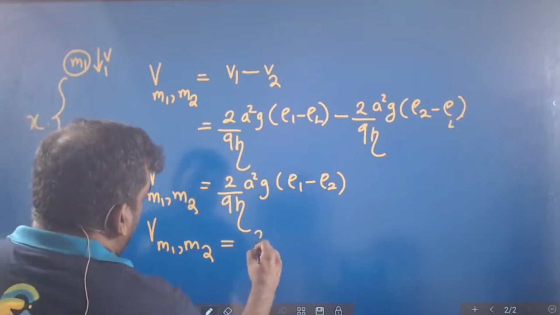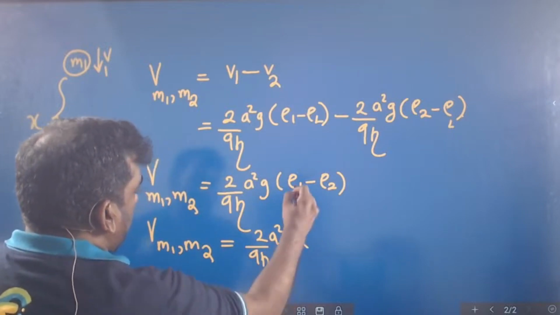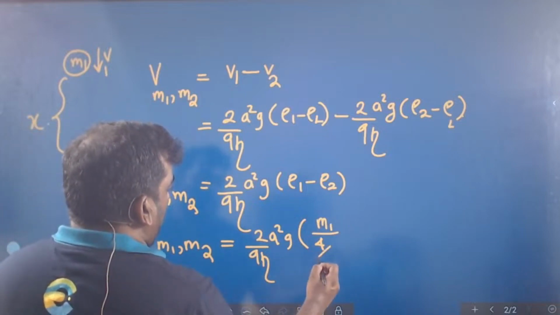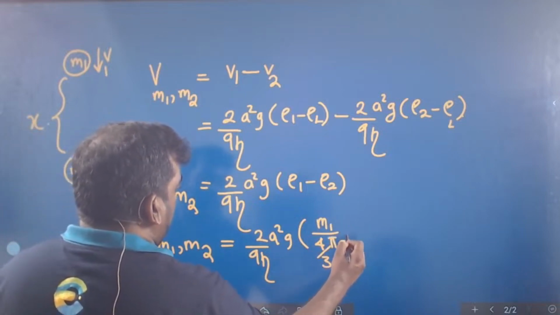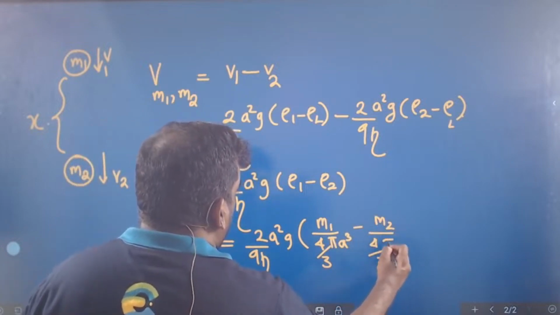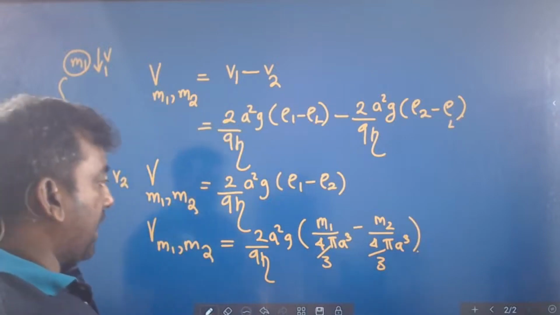So 2 over 9 eta a square g. What is density? Mass over volume, 4 over 3 pi a cube. Simplify this carefully.